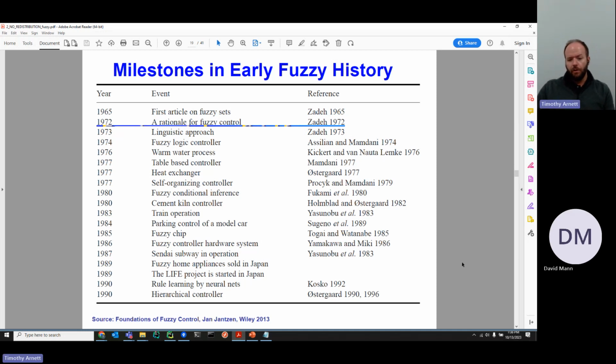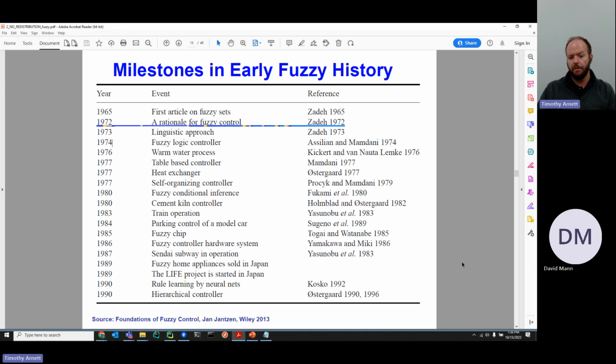And one reason they did this was because when cooking the rice, there were a number of different measurements they were taking, the moisture content, the temperature, and a few other things. And they were able to directly encode what they knew about cooking rice into that control system, such that they can make a very good automated rice cooker just using that.